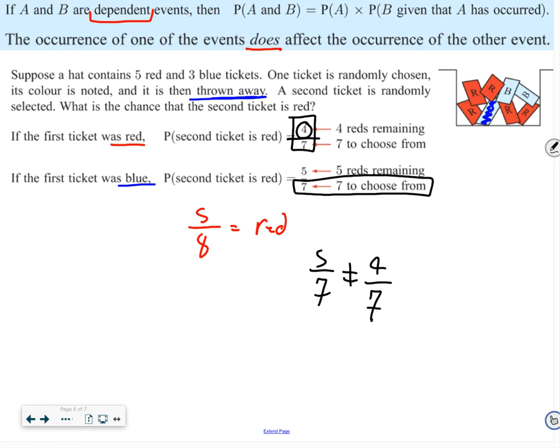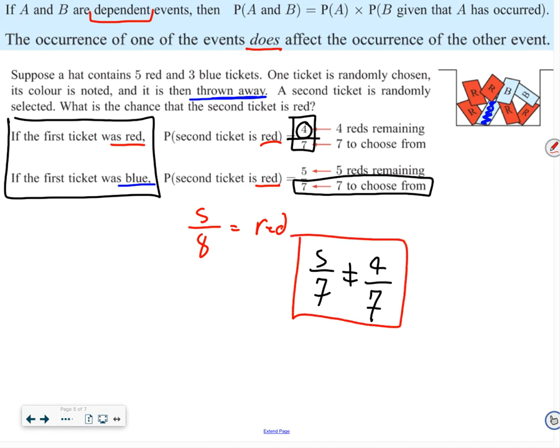These events have different probabilities because it was affected by what happened in our first ticket selection. If a red one was removed or a blue one was removed, the probability of getting a red ended up being different.